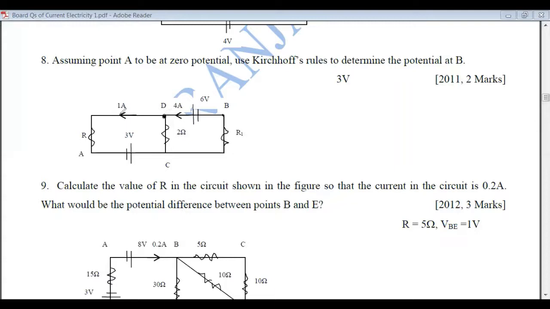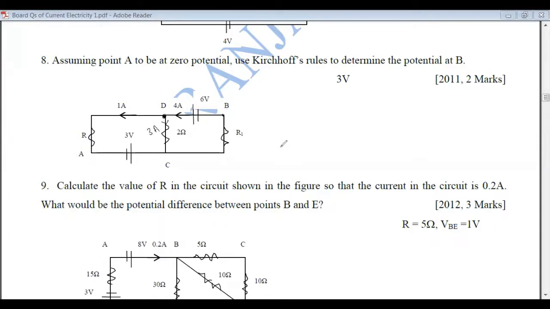So current along here is 1 ampere. So the current along DC arm will be equal to 3 amperes. So that the current entering 4 amperes and the current leaving should also be equal to 3 plus 1, 4 amperes. Now let's apply the Kirchhoff's second rule along the direction ACDB.